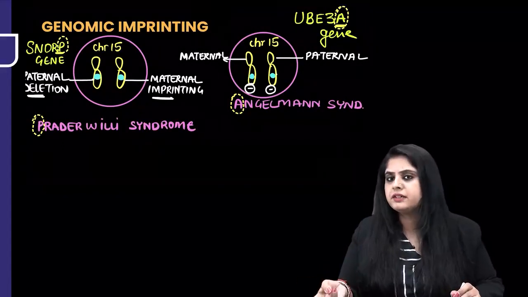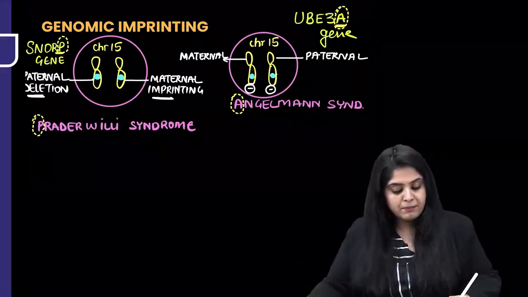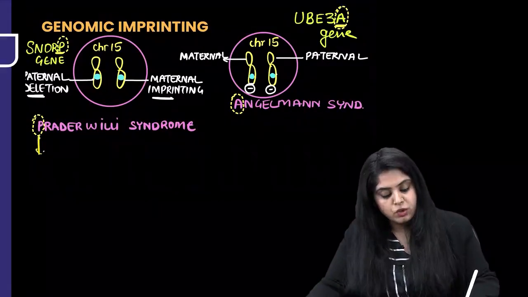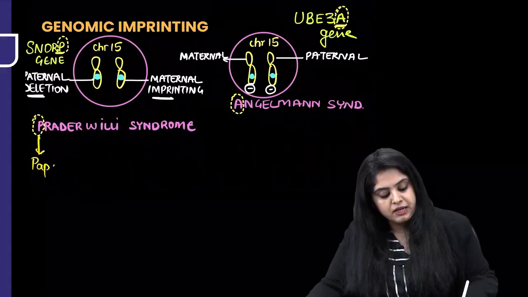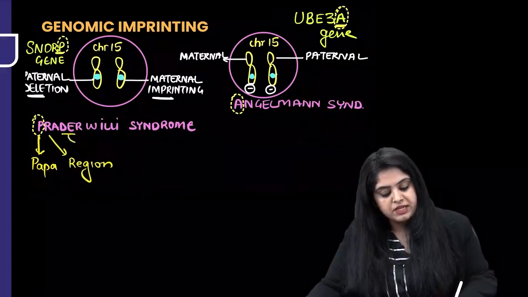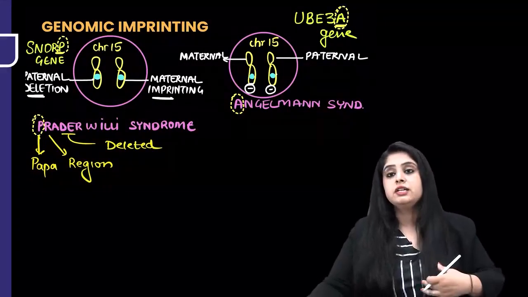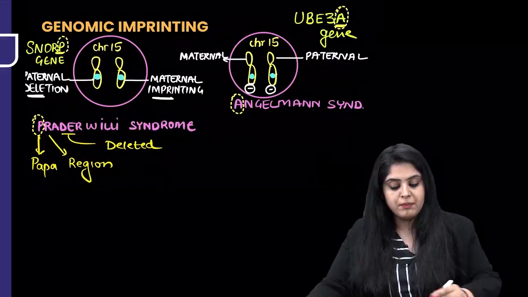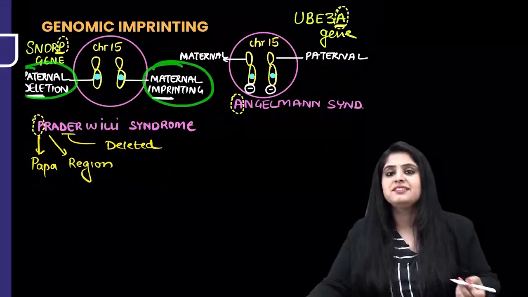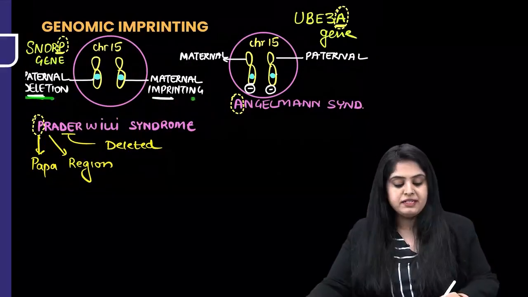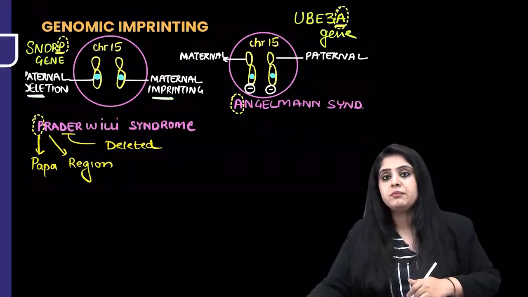Maternal silent, paternal bunking, or the opposite? Remember, in Prader-Willi, the papa's region is deleted. Papa region deleted. So if I know papa deletion, then obviously mother is imprinted. Papa is deleted, this means mother is imprinted. In Angelman, it is the opposite.